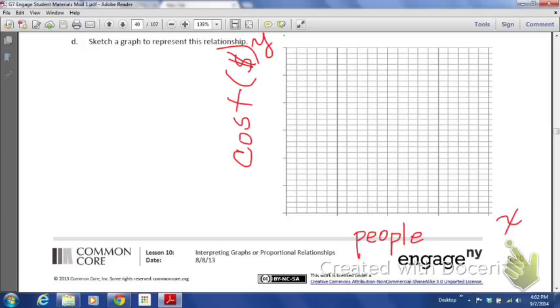As you notice, I put people at the bottom, since it's the independent variable. I can change the number of people, and cost is on the dependent variable axis because it is dependent on the number of people.